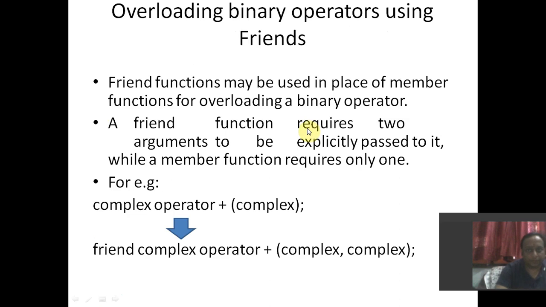Overloading a binary operator using a friend function. A friend function may be used in place of a member function for overloading a binary operator. A friend function requires 2 arguments to be explicitly passed to it, while a member function requires only one.